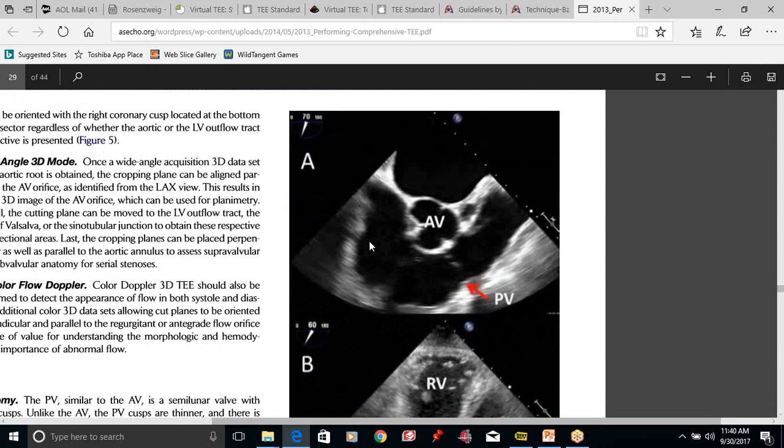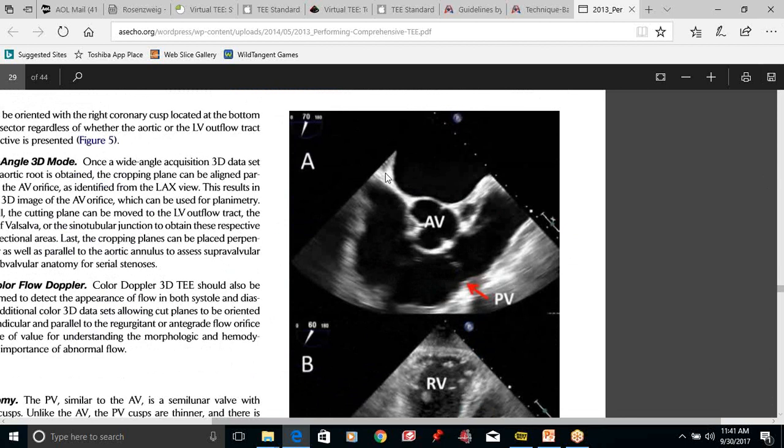So again, when you get this view, this is the mid-esophageal level. Your left atrium is right there, atrial septum, right atrium. Then come into your tricuspid valve is right there. Then your right ventricular outflow tract. This is your pulmonic valve and a pulmonary trunk.